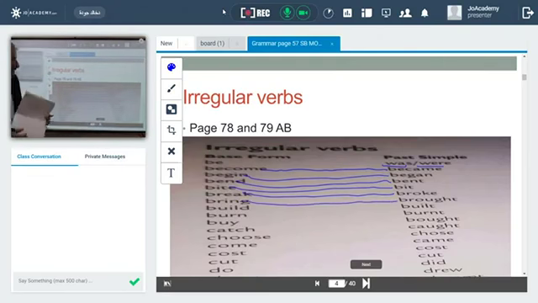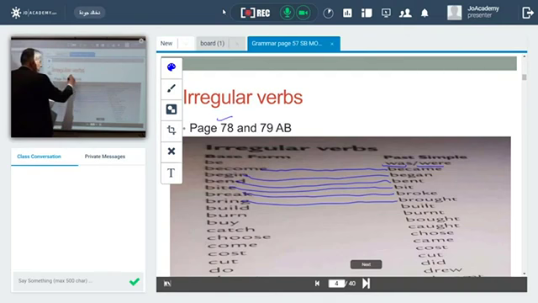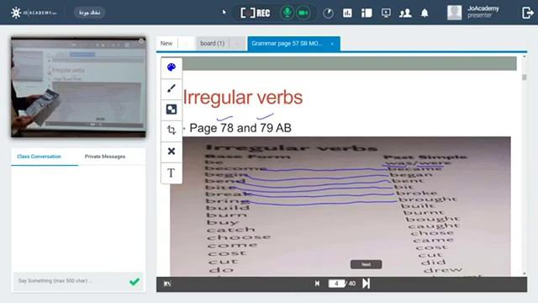So please go to these verbs and try to learn them because they are very important for speakers and learners of English. Okay, so they are in page, as I told you, page 78 and 79. We have the activity book. Let's move to the next exercise.